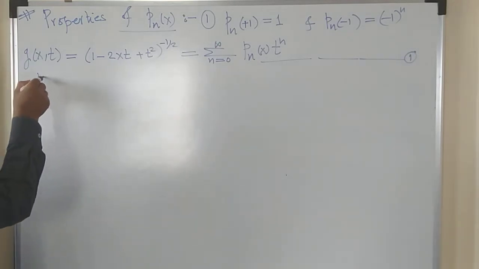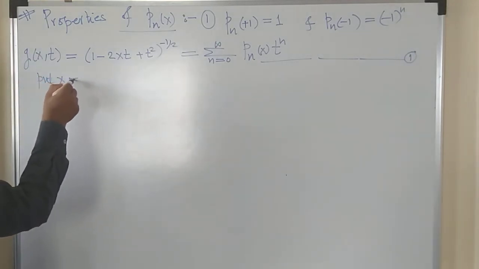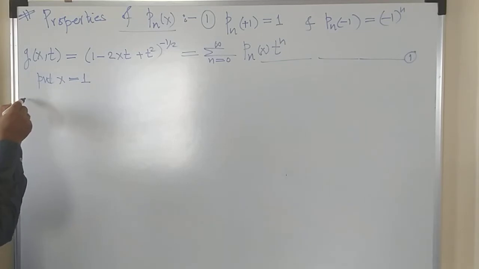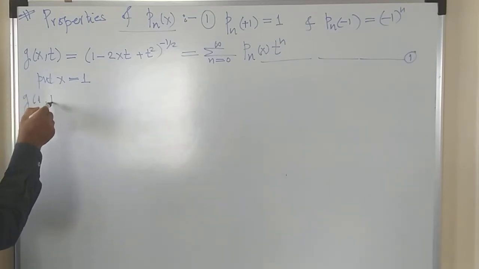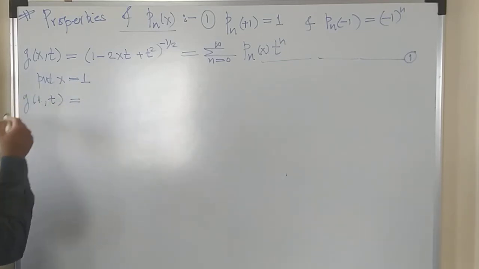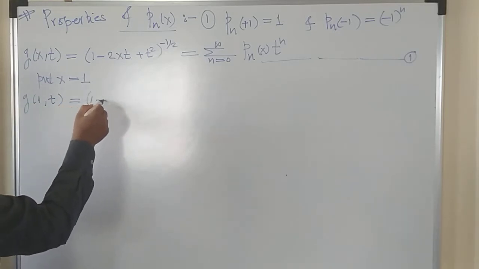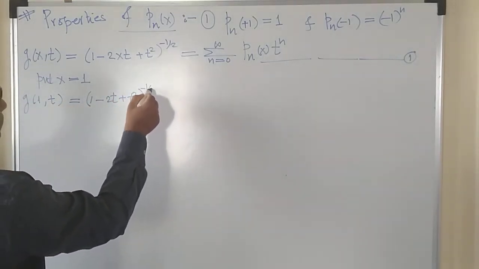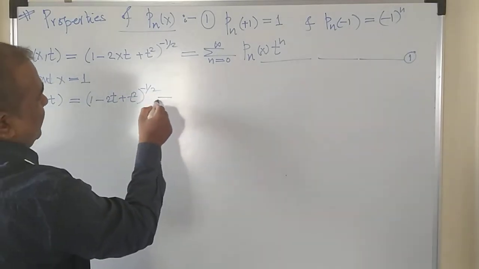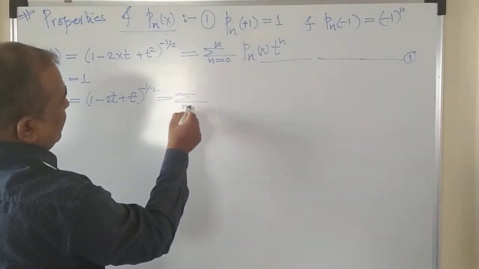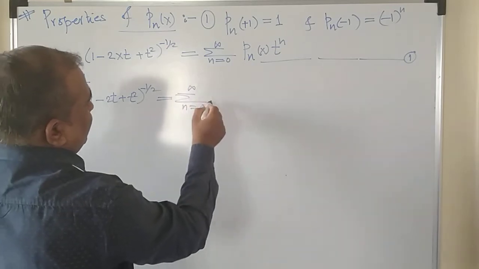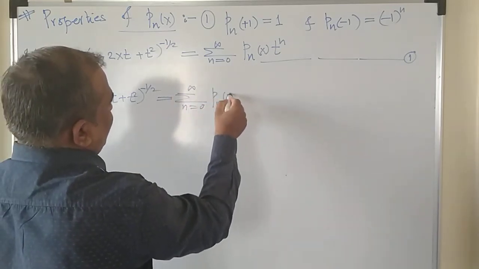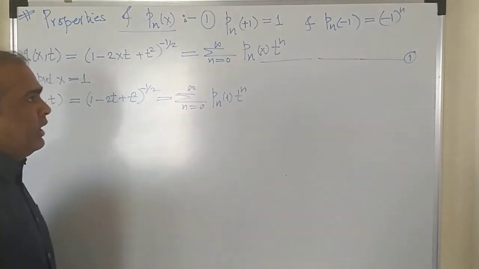So let us put x equals 1, and you will get g(1,t) equal to (1 minus 2t plus t square) raised to power minus half, equal to summation n equals 0 to infinity Pn of 1 into t raised to n.